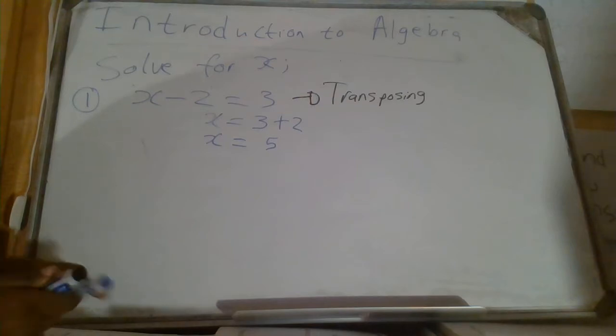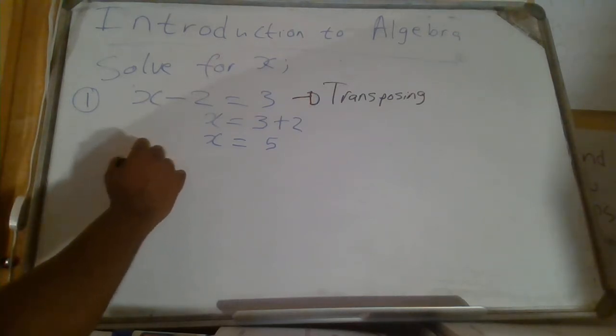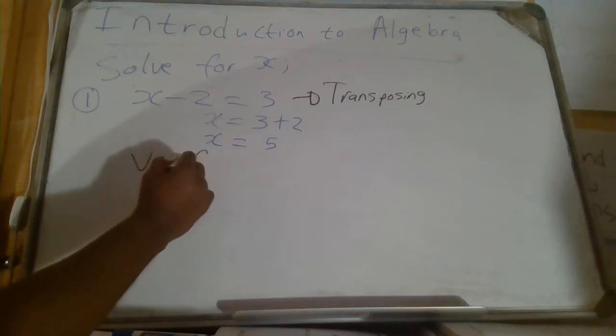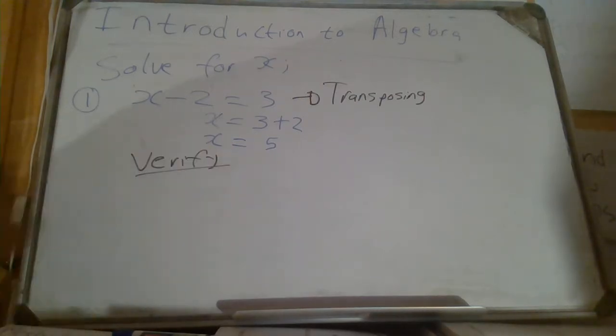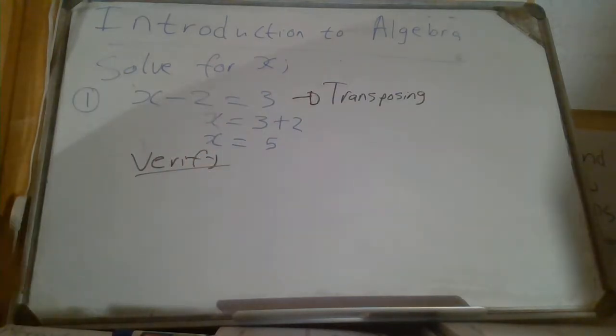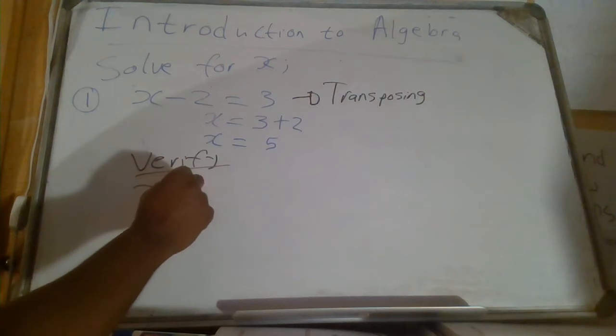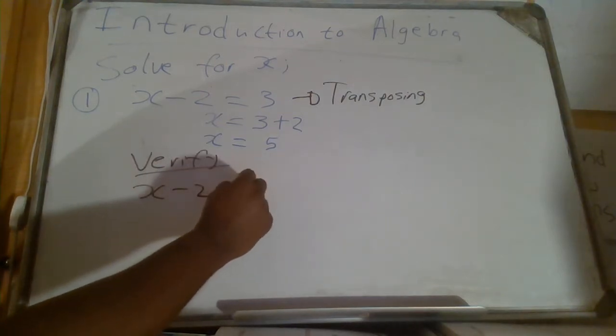All right. Now, is this value of x correct? Can we check if it's correct or not? So what we are going to do is we are going to verify it. When we verify it, we take this equation as it is, x minus 2 is equal to 3.